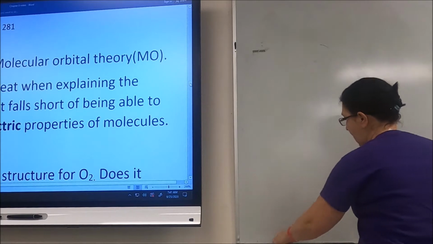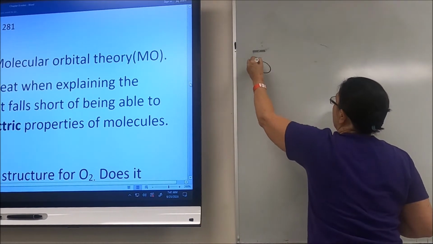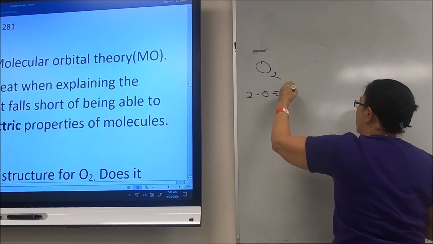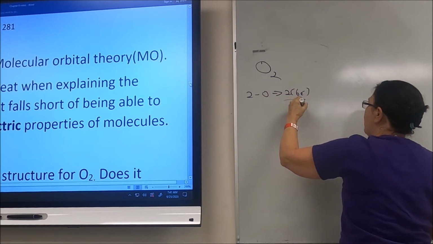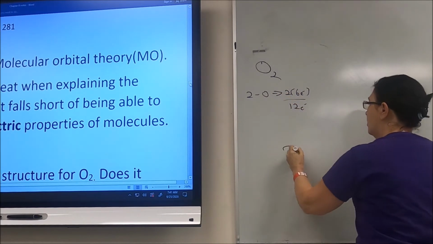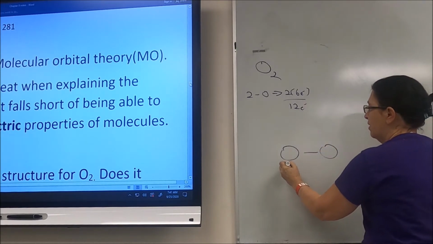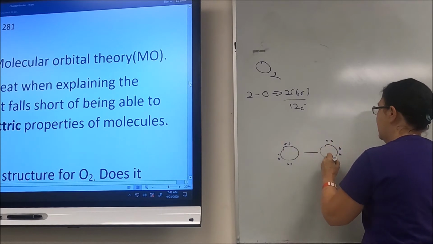If we look at an oxygen molecule, O2, there are 2 oxygens, of course, at 6 electrons apiece. That means we have 12 electrons. So oxygen and oxygen side by side connect up with a single bond, 2, 4, 6, 8, 10, 12.